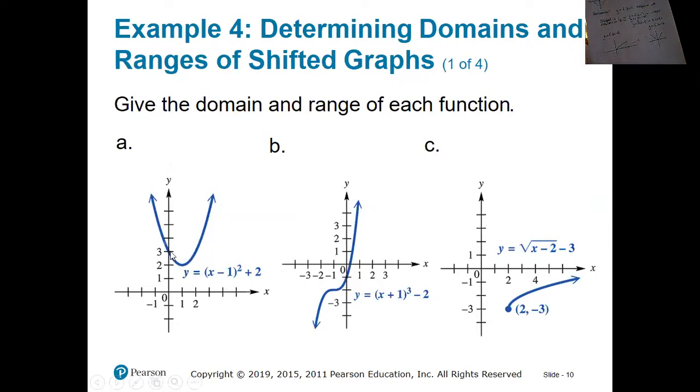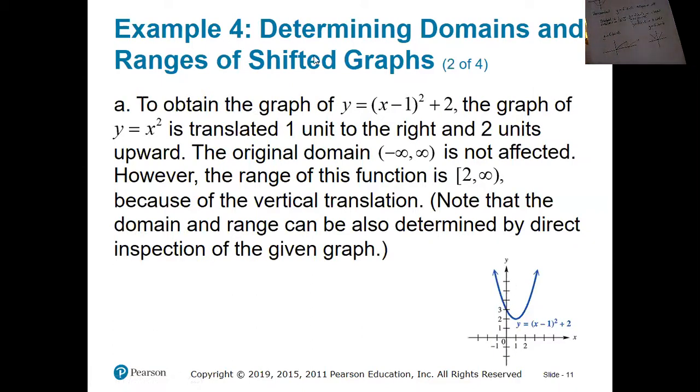Well, it's a solid line, so we're going to have a bracket of 2. Remember, the range is your y values, 2, and then this goes up to +infinity. So here, our range goes from 2 with a bracket to +infinity.